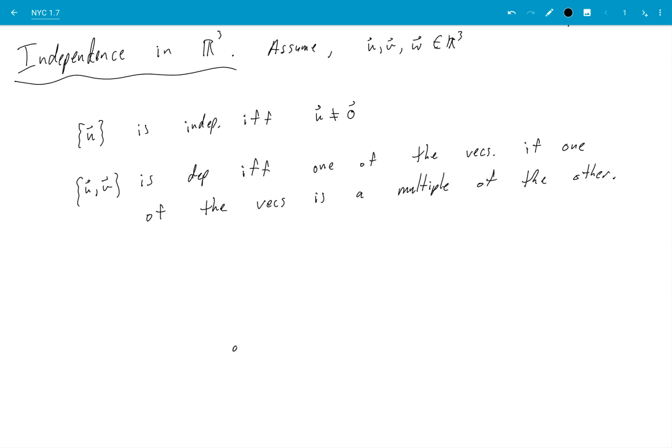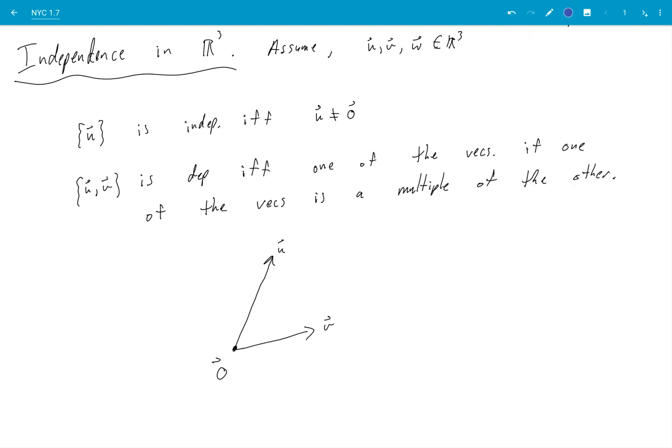Okay, so that looks like, here's my origin. So if you have like the two vectors going like this, okay, if neither one is a multiple of the other, then you have independence.